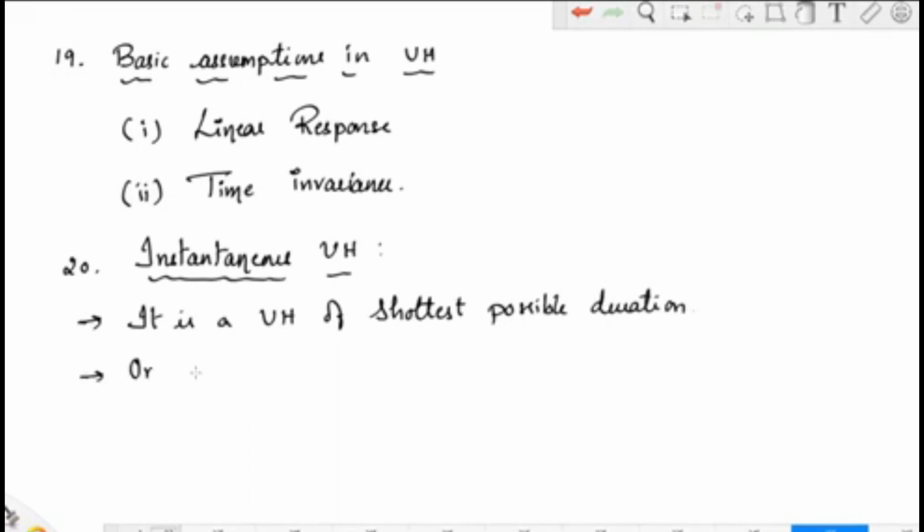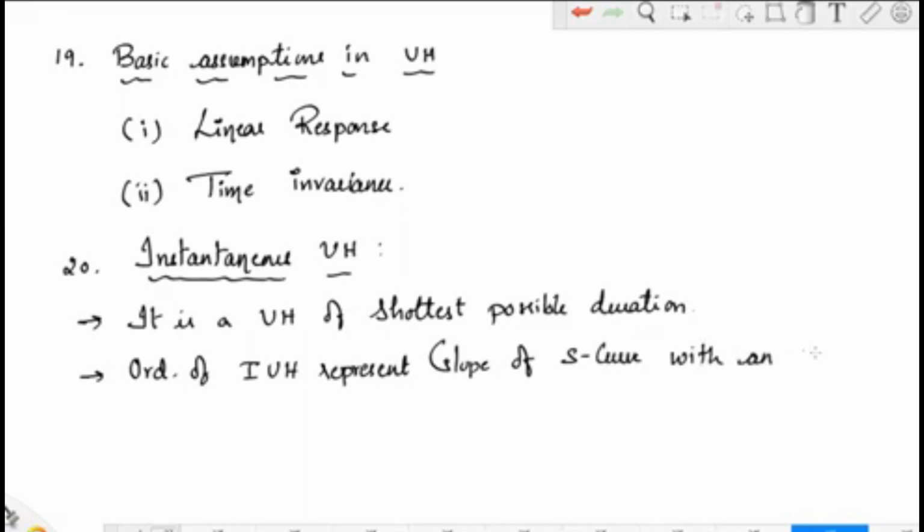So ordinates of instantaneous unit hydrograph represent slope of S curve with an effective rainfall intensity of 1 centimeter per hour.